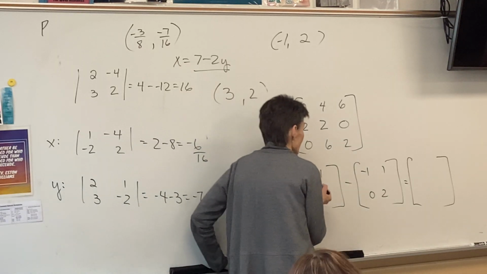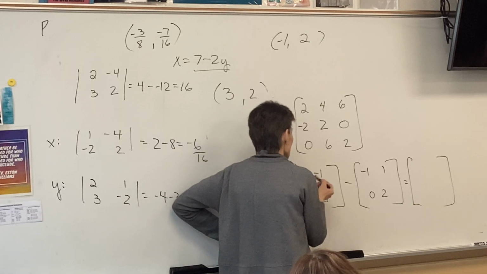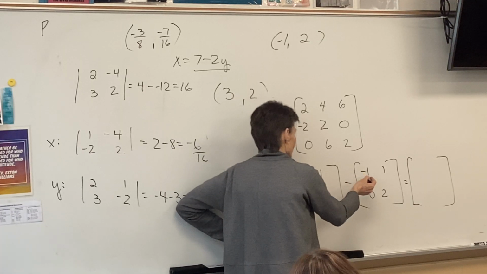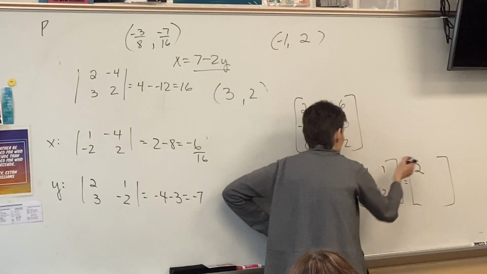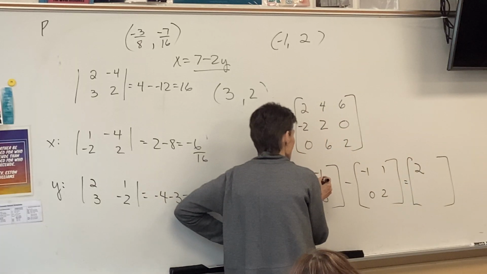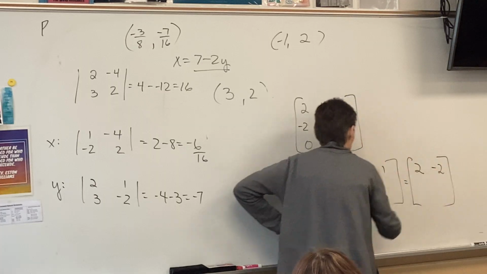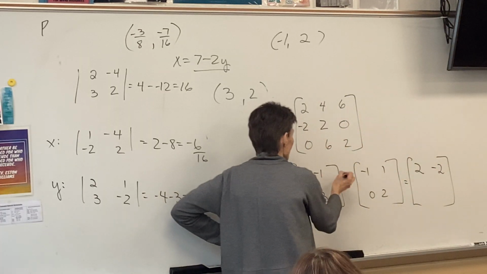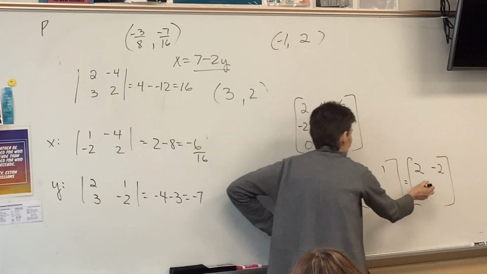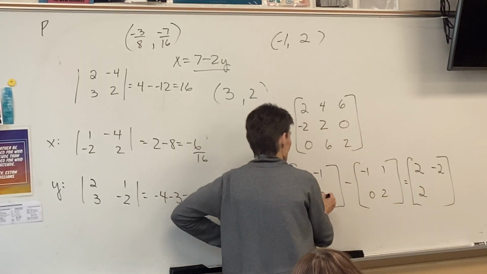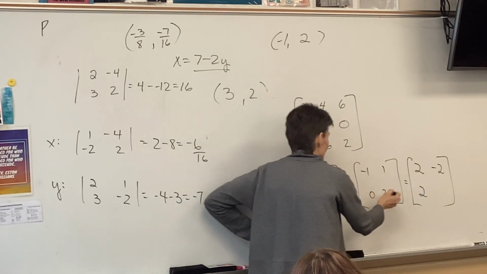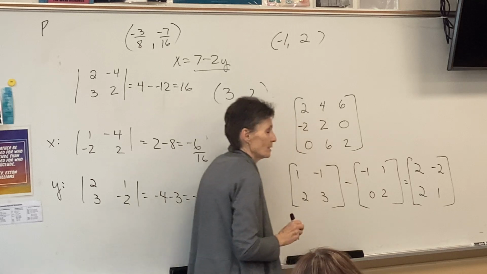So here we go, item by item. 1 minus -1. 2. -1 minus 1. 2 minus 0. 3 minus 2. There it is.